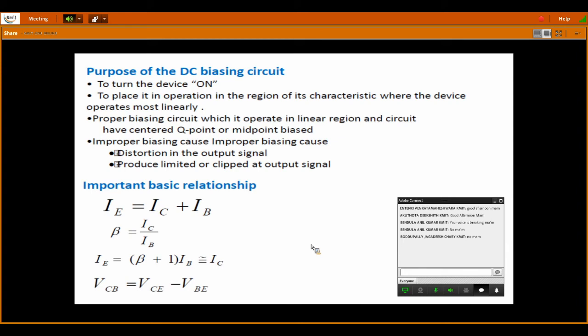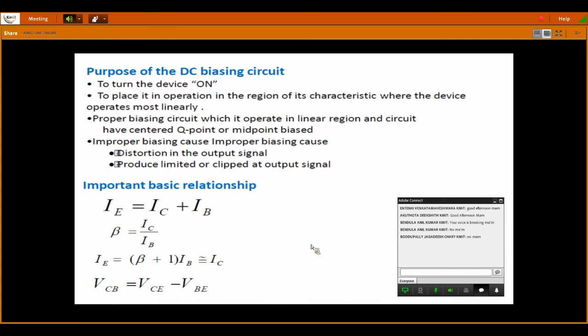Amplification of voltage can take place only when you properly bias your transistor, and proper biasing is done with the fixed voltages applied at the input and output junctions.